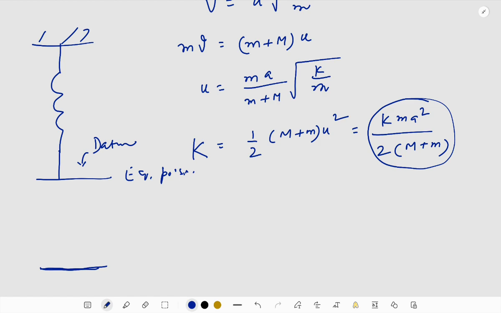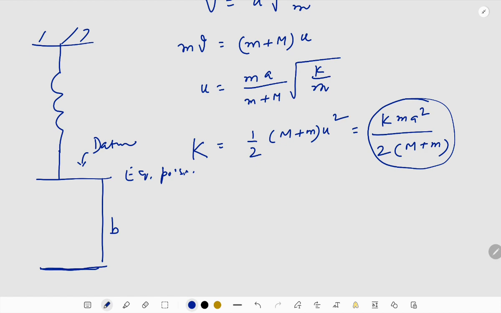I could have taken it during its upward motion or during its downward motion. I just chose one, and let's call this distance b.